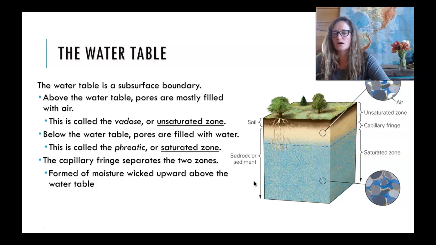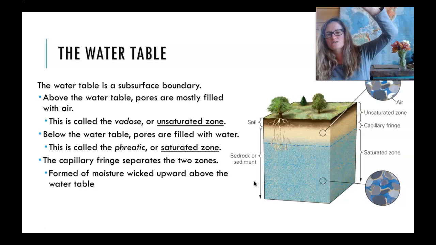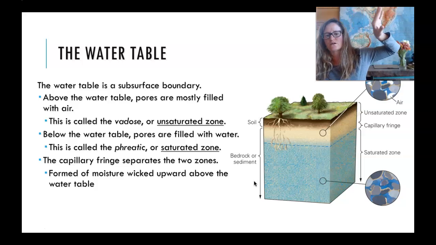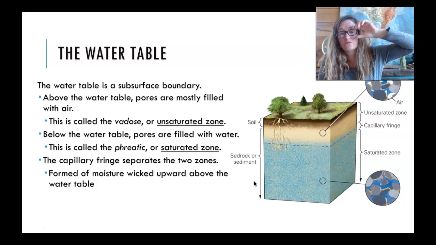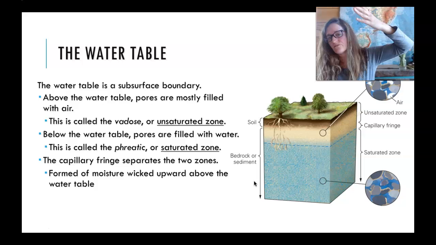The water table is the top of the groundwater, and it separates the saturated zone from the unsaturated zone. So the unsaturated zone is near the Earth's surface, and all of the pore spaces are not full of water. They can fill up with water when it rains, but for the most part, the unsaturated zone, it's also called the vadose zone, but we'll call it the unsaturated zone.